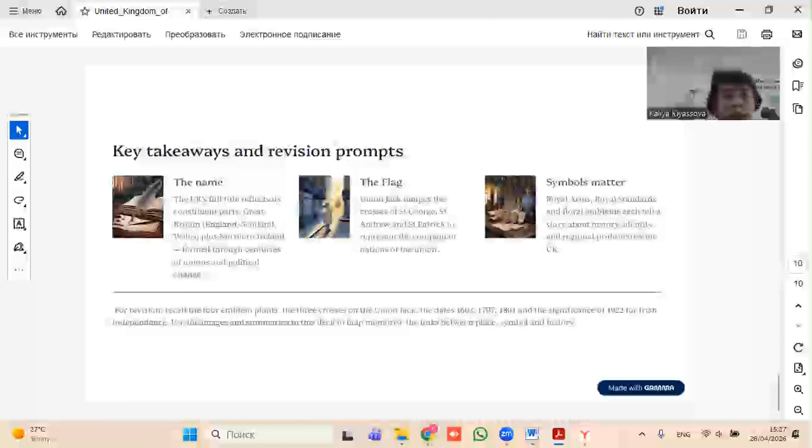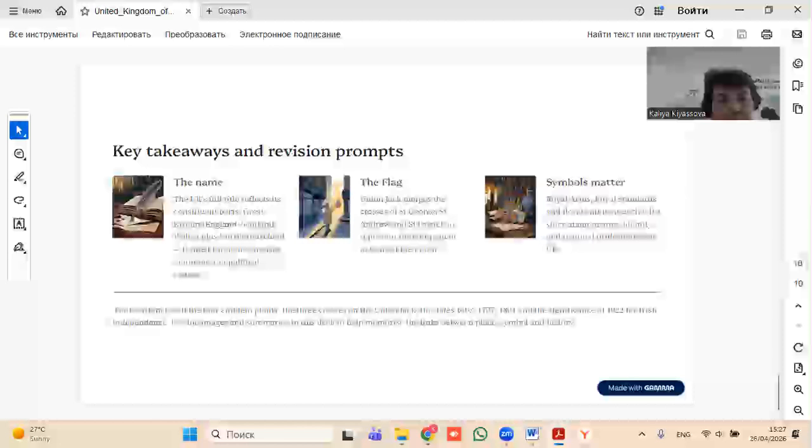Now, key takeaways and revision prompts. The first is the name. The United Kingdom's full title reflects its constituent parts: Great Britain, England, Scotland, Wales, plus Northern Ireland, formed through centuries of unions and political change.